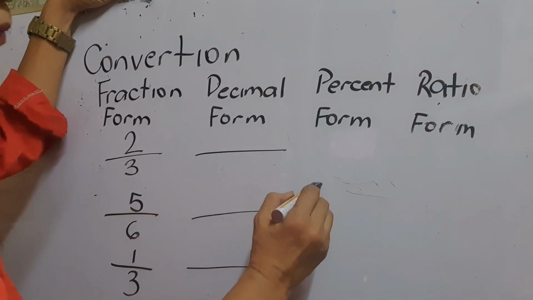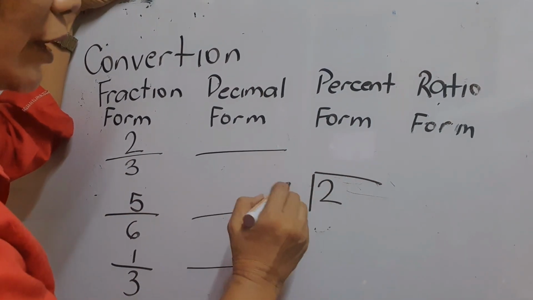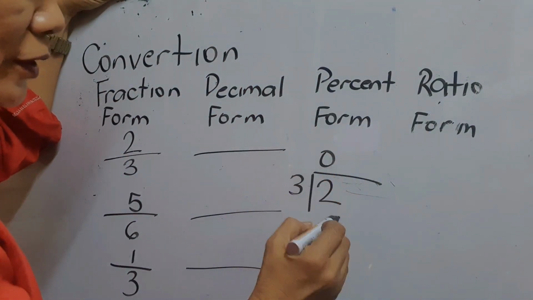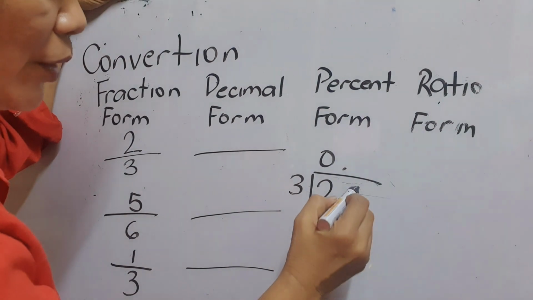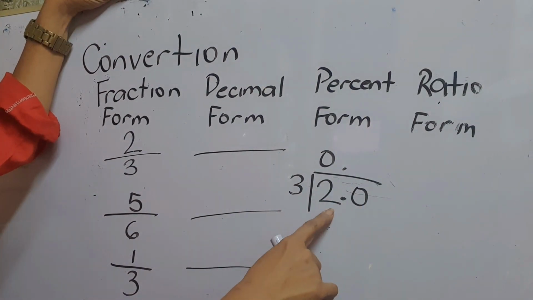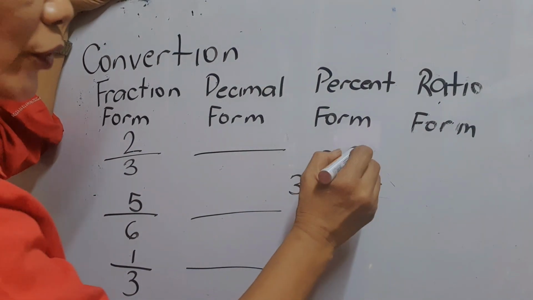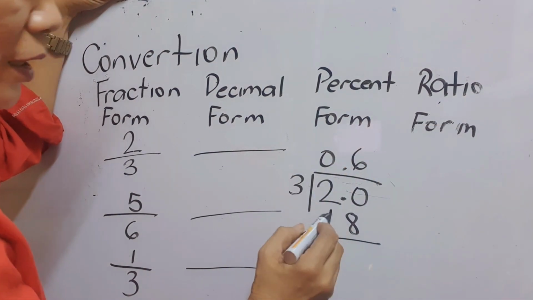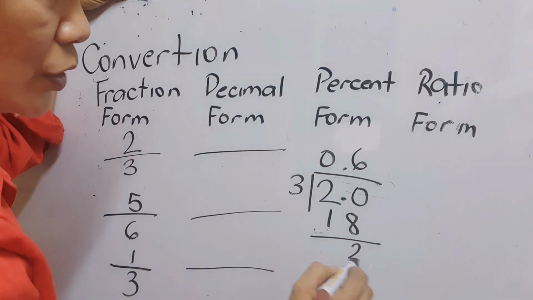Okay, so 2/3. 2 divide by 3. So, sa 2, ilan ng 3? Wala. Decimal point, 0. So, sa 20, ilan ang 3? We have 6. 6 times 3 is 18. 20 minus 18 is 2.